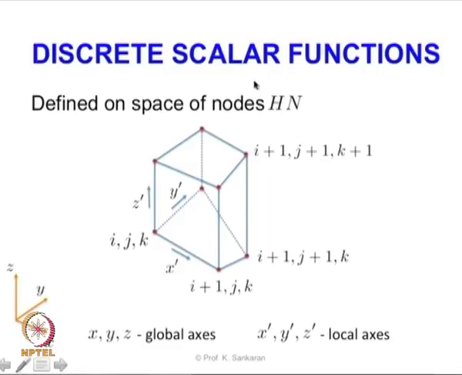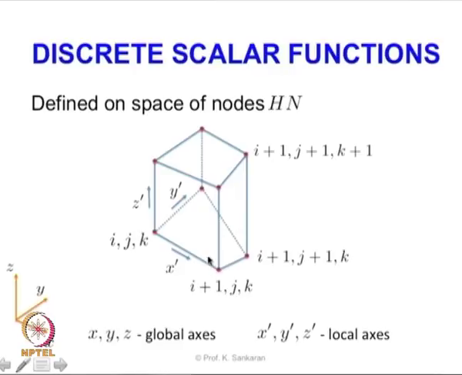For now, assume that Hn is the space where all the scalar quantities are located. Those are going to be the nodal values here, and if x, y, z are the global axes, locally inside the grid they can be x dash, y dash and z dash, and as you can see x, y and z are not orthogonal.